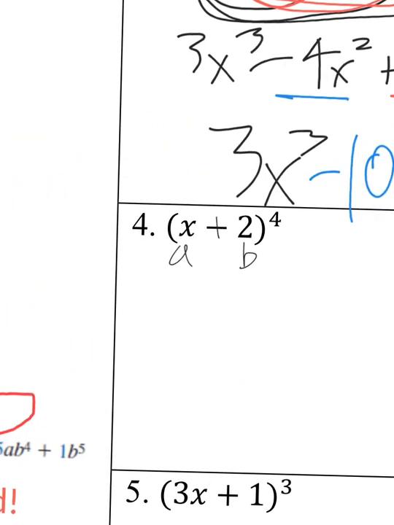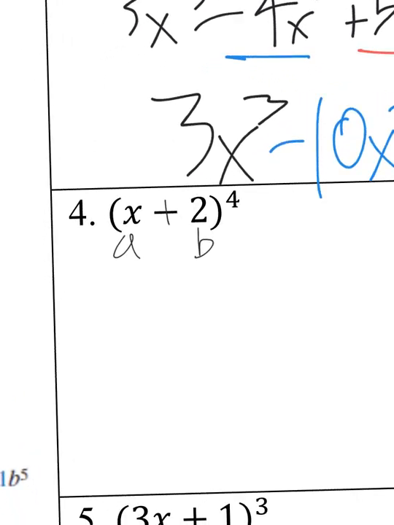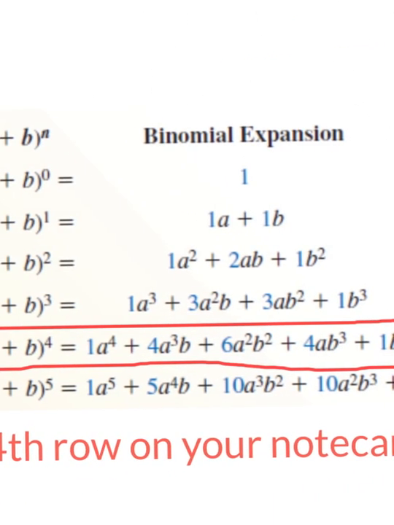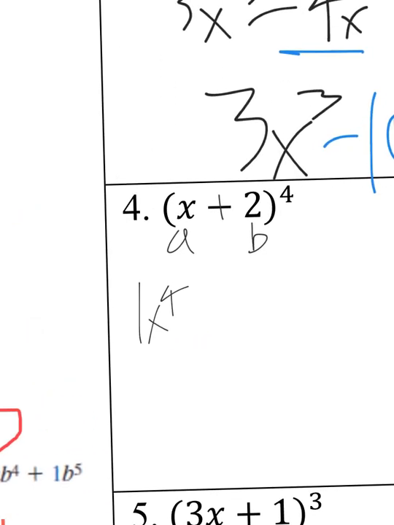So all I'm going to do is write 1a to the fourth, so that's going to be 1x to the fourth, and then I'm going to go 4a to the third b, so plus 4a to the third, x to the third, and b is 2.